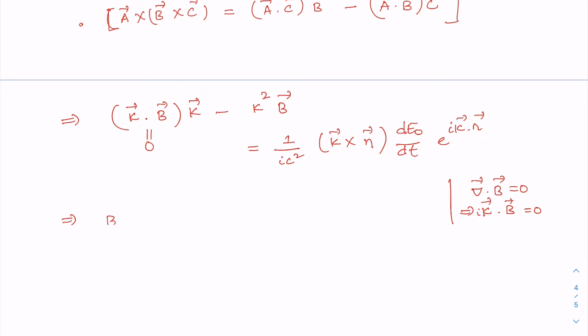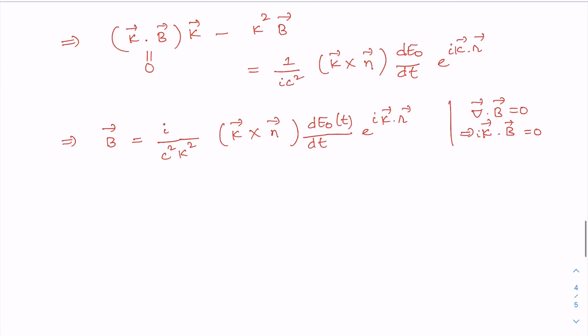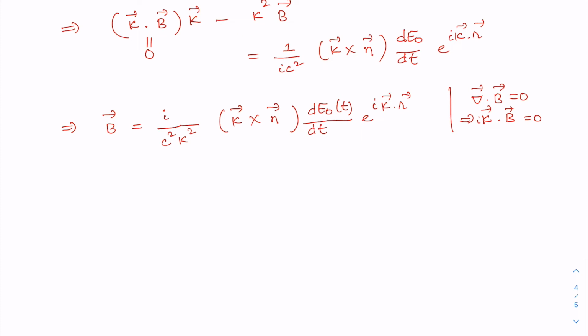So I can do a little bit of manipulation here. B is equal to, I can take the minus sign to this side, then I have i by c square k square, and then I have k cross eta dE0 dt e to the power i k dot r. I can simplify, because I know that kc is equal to omega.